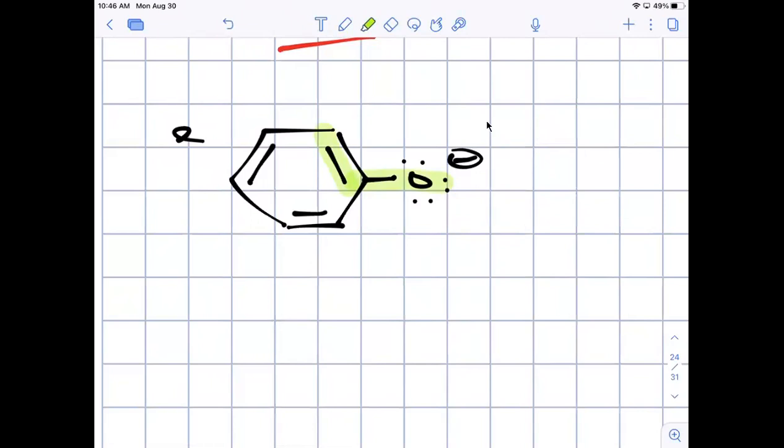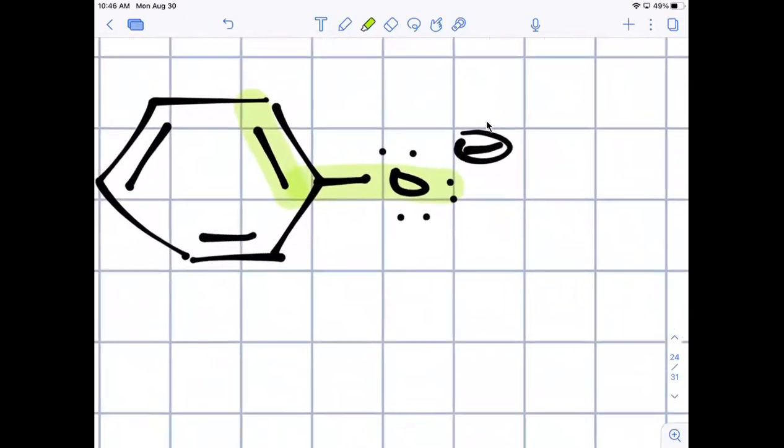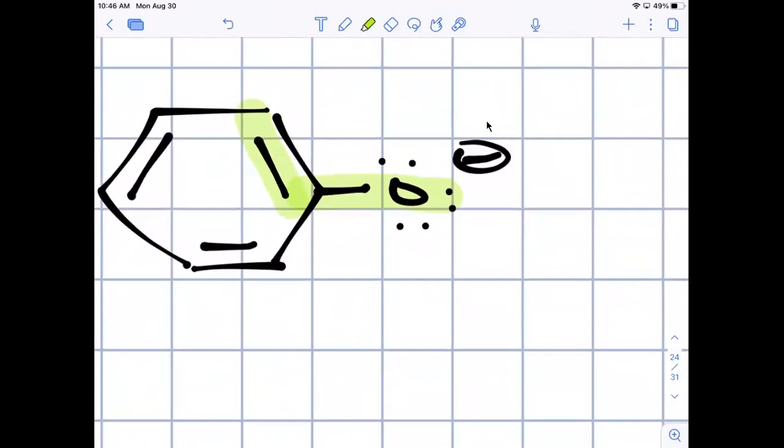So how would I push the electrons in that pattern? Where's my donor? Where's my acceptor? Your donor is the oxygen. Good. Which makes the pi bond by default the acceptor.